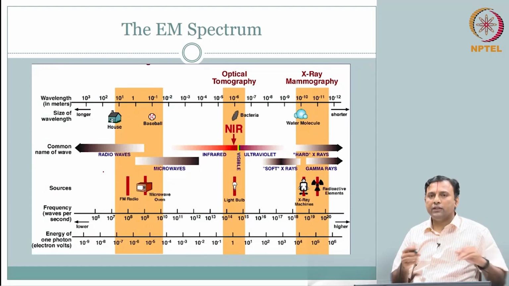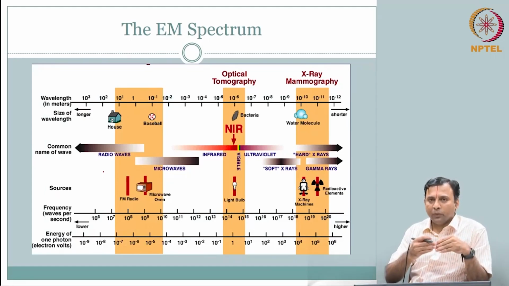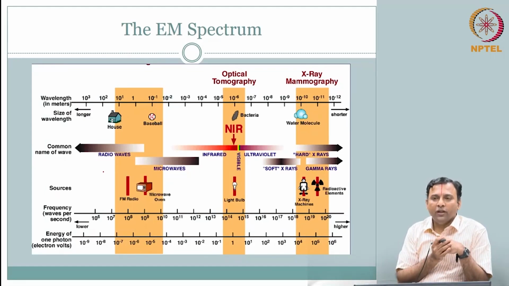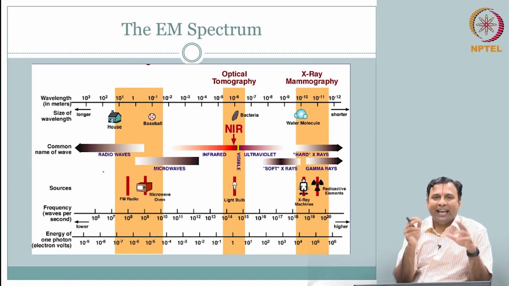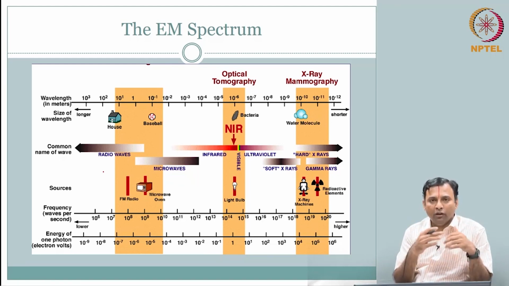What we will do now is quickly march forward. We started with different signals: attenuation, radioactivity, X-rays, spin, and sound reflectivity.